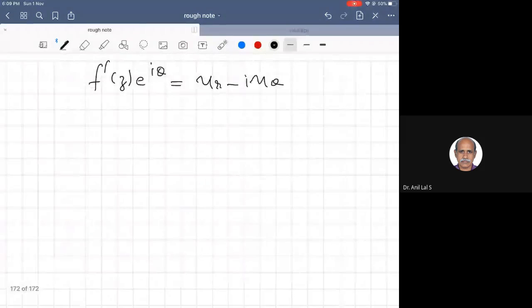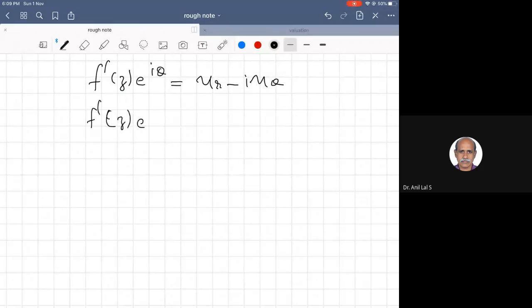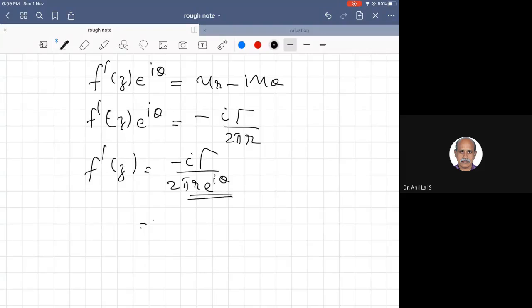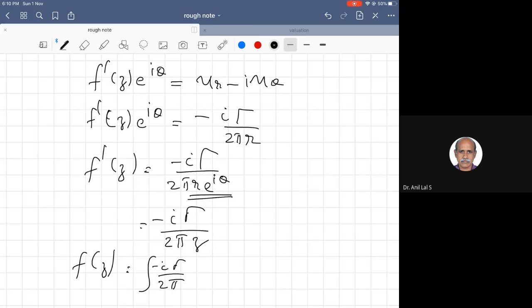So we will have f'(z) e raised to i theta is equal to minus i gamma by 2 pi r, and f'(z) is equal to minus i gamma by 2 pi r e raised to i theta. r e raised to i theta becomes z, so minus i gamma by 2 pi z. f(z) is the integral, minus i gamma by 2 pi times 1 by z, which is equal to minus i gamma by 2 pi log z.